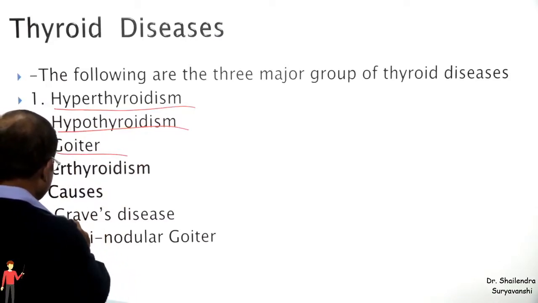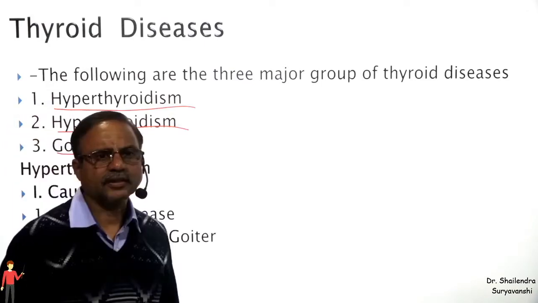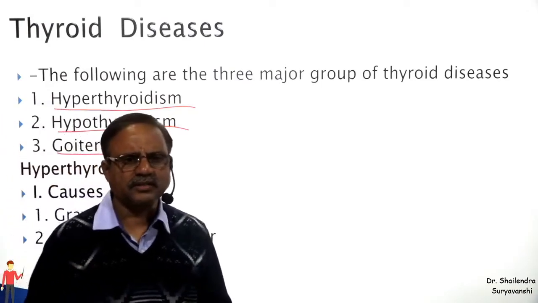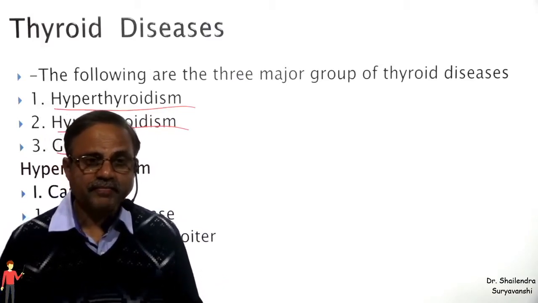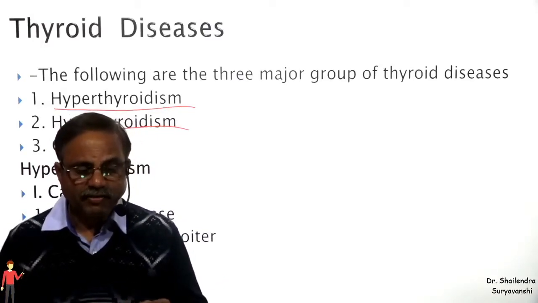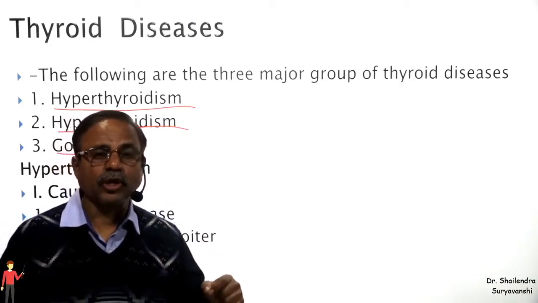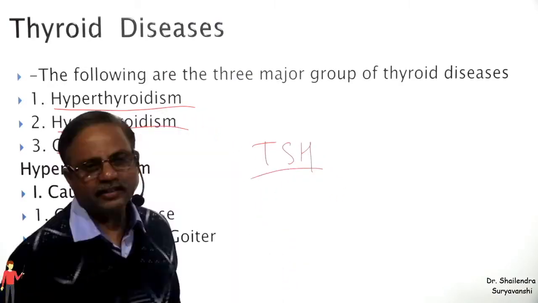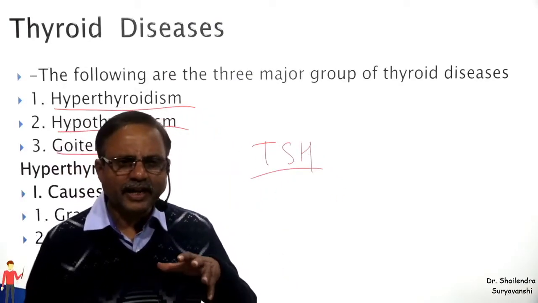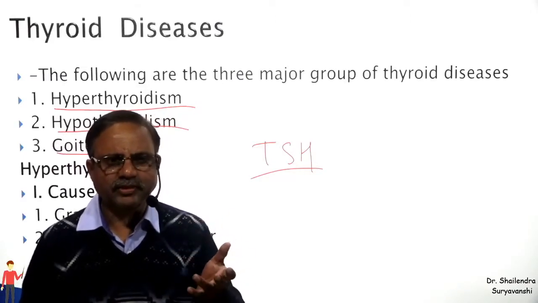Causes: the first is Graves' disease, and the second is multinodular goiter. Hyperthyroidism may be caused by Graves' disease, an autoimmune disorder. Some of the antibodies which are manufactured have a structure similar to thyroid stimulating hormone, so they bind to the receptors present on the cell and stimulate the secretion of thyroid hormone.